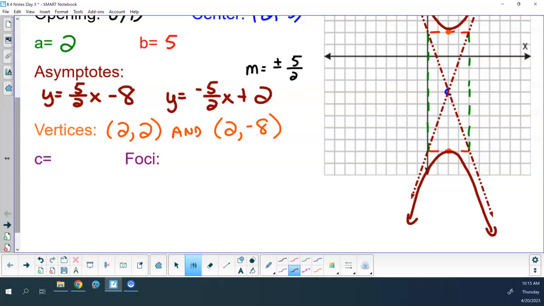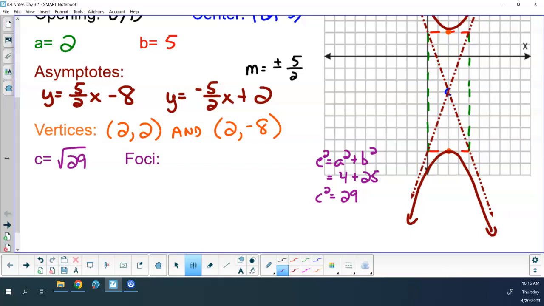Then lastly, we have c squared is a squared plus b squared. So that is 4 plus 25. So c squared is 29, which means c is the square root of 29.